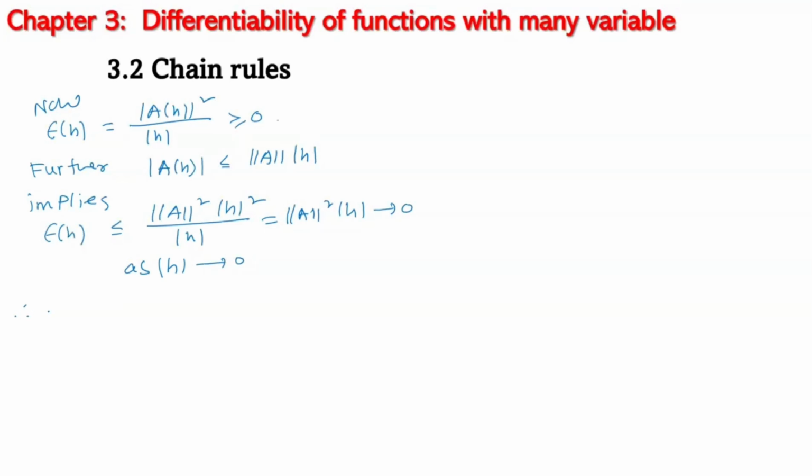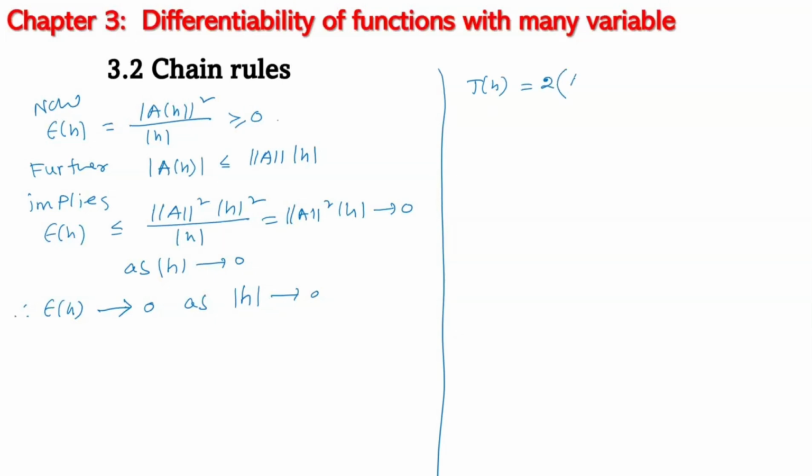So altogether epsilon h tends to 0 as mod of h tends to 0.